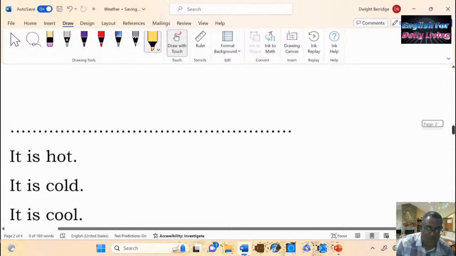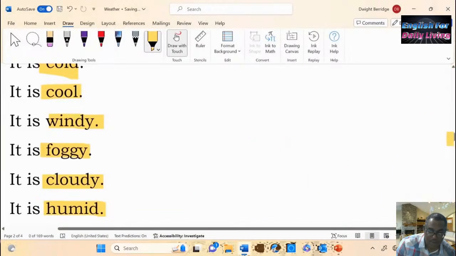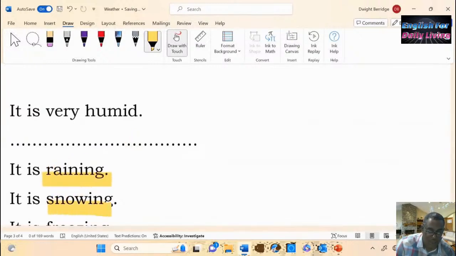Okay, let's go over these expressions very quickly. It is cold, it is cool, it's windy, it's foggy, it is cloudy, it is humid. It is very humid. These expressions take the verb in the active. It is raining, it is snowing, the sun is shining.